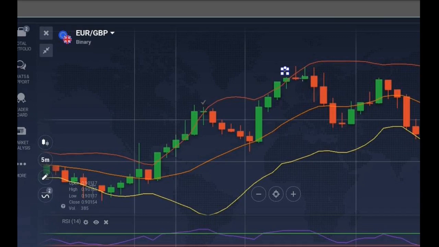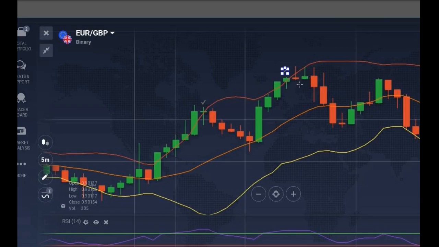If you're trading a sell option, you want to make sure that the confirmation candle, be it a Marubozu, a shooting star, or a star, is clearly indicating red.